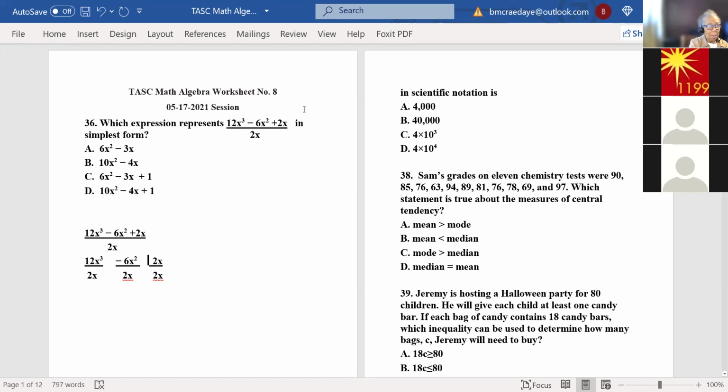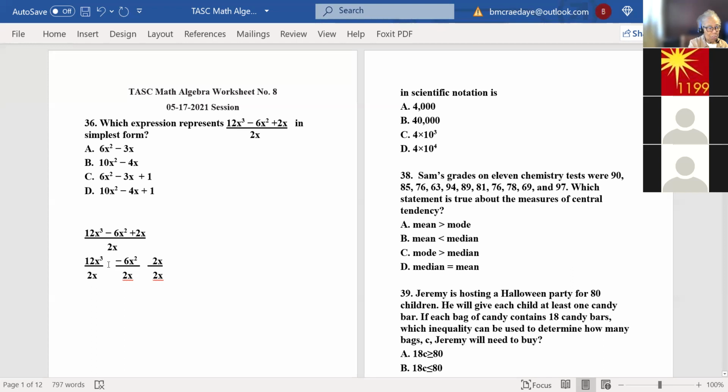In other words, you can't combine the top here because they're all different terms. This is x to the third, this is x to the second, this is x to the one. So this expression is divided by 2x. That means the 2x is divided into each one of these.